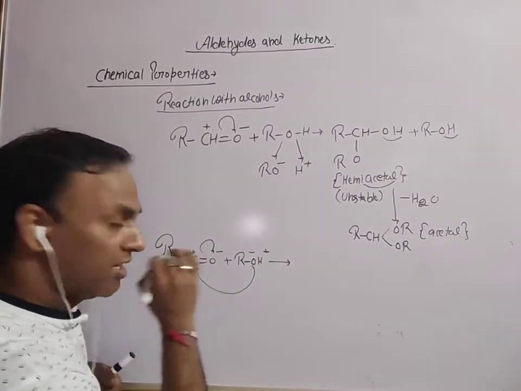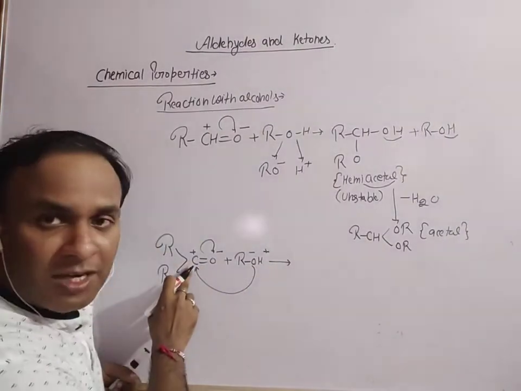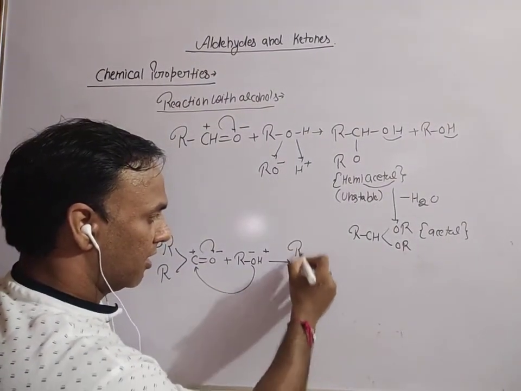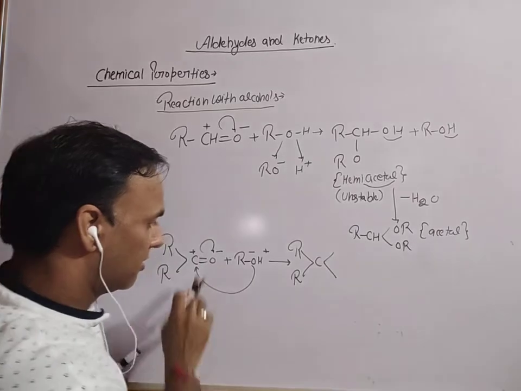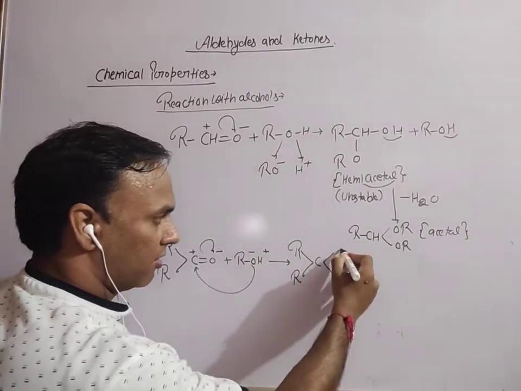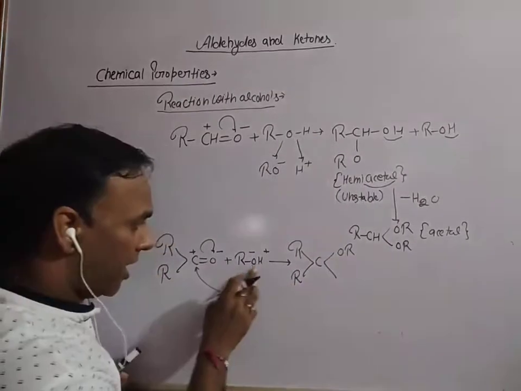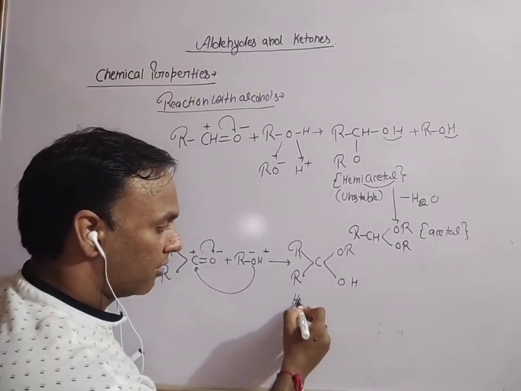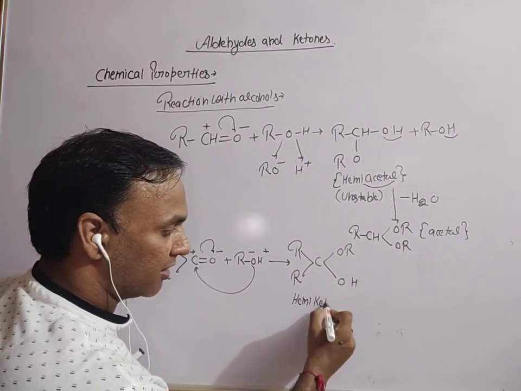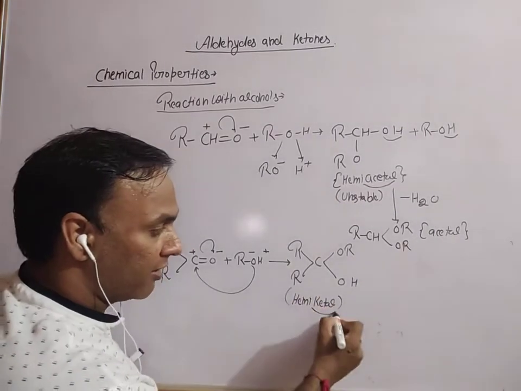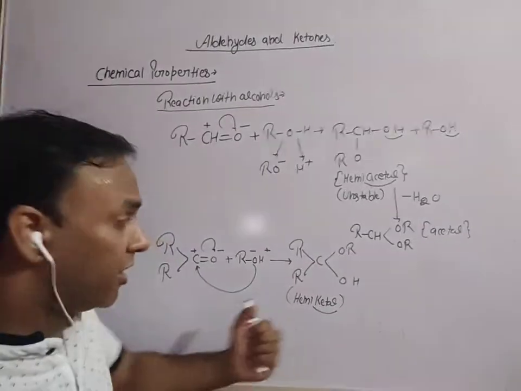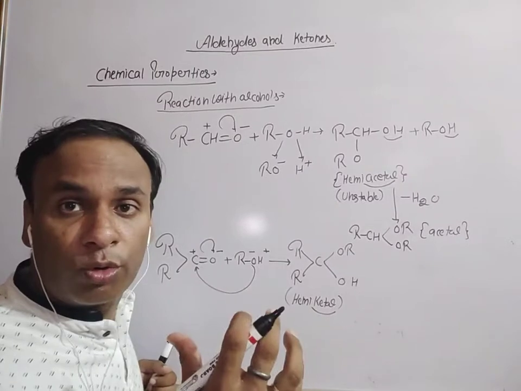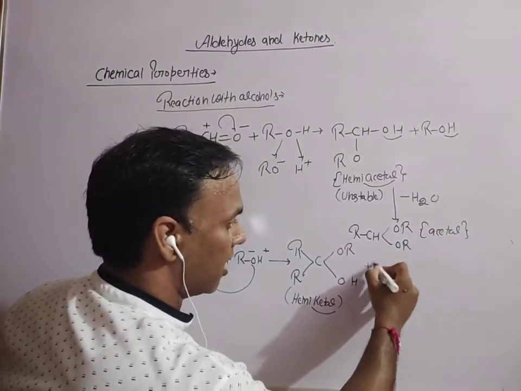So RO minus, being a nucleophile, attacks the carbon atom of the ketone, giving OR, and hydrogen combines with oxygen to give OH. It is called hemiketal. Why ketal? Because it is obtained from ketone molecules, which further react with 1 mole of alcohol ROH.